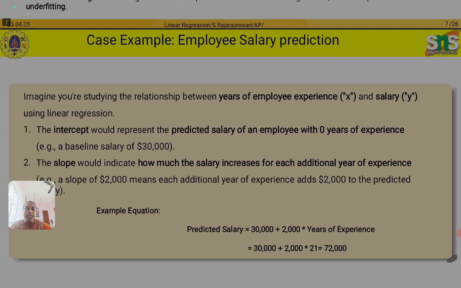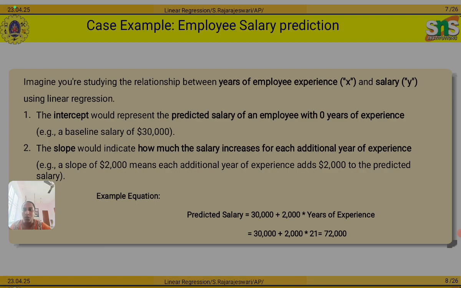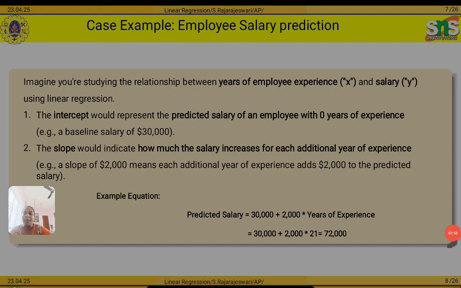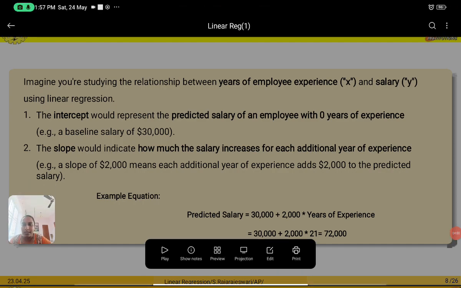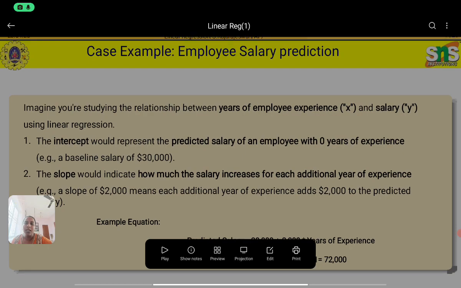And the next thing is we are going to see a case study example for employee salary prediction. Imagine you are studying the relationship between years of employee experience X and salary Y using linear regression. The intercept would represent the predicted salary of an employee with 0 years of experience, for example a baseline salary of 30,000, and the slope would indicate how much the salary increases for each additional year of experience.